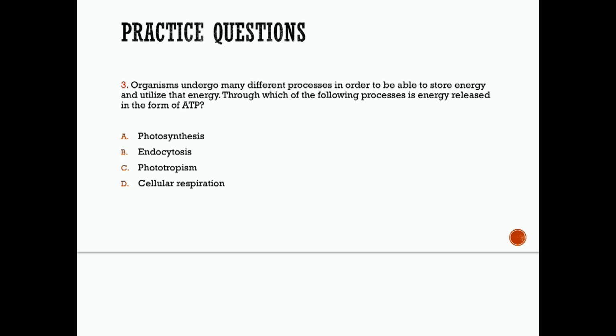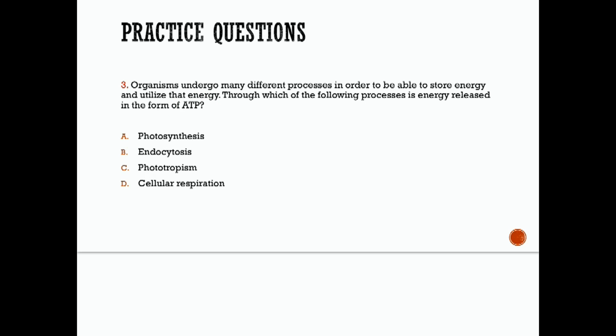Number 3, organisms undergo many different processes in order to be able to store energy and utilize that energy. Through which of the following processes is energy released in the form of ATP?